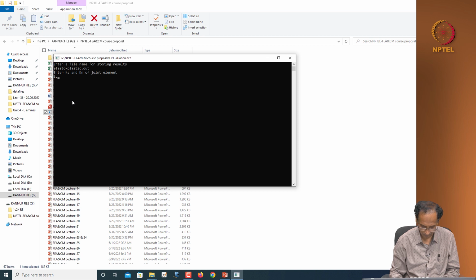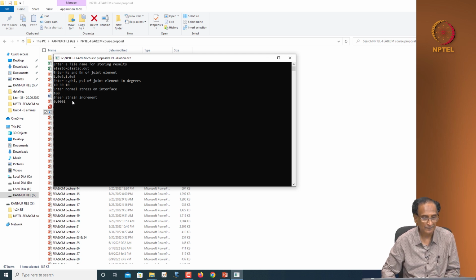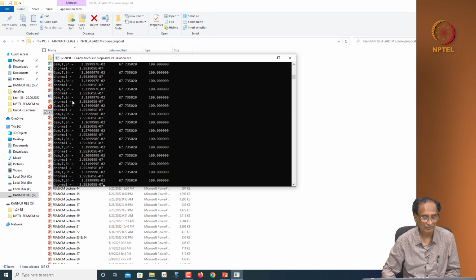The Ks is 1.0 e to power 6. Now I am using a comma for separating these two values, and C and phi and psi 10, 30 and 10, okay. And the normal stress is 100, and the shear strain increment, I am using a very small increment of 0.0001. Maximum shear strain is 0.05, and let's take 2 for keeping the normal stress constant.